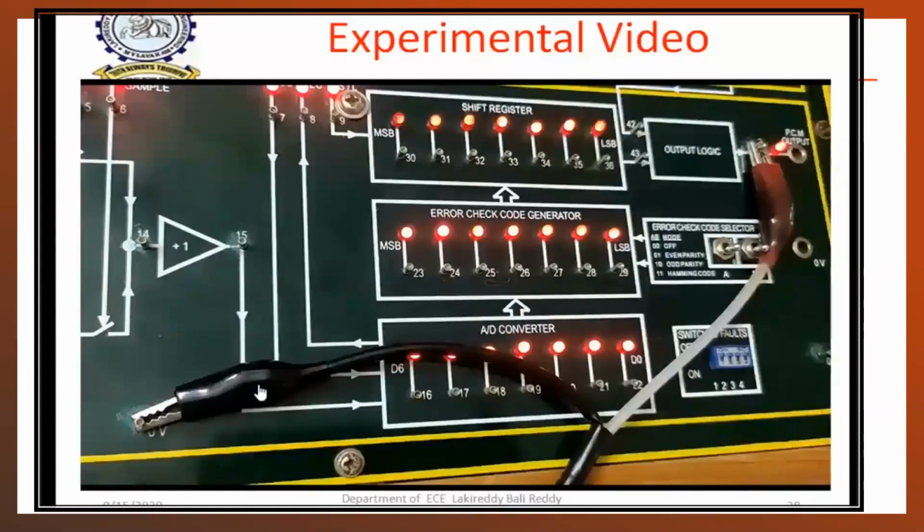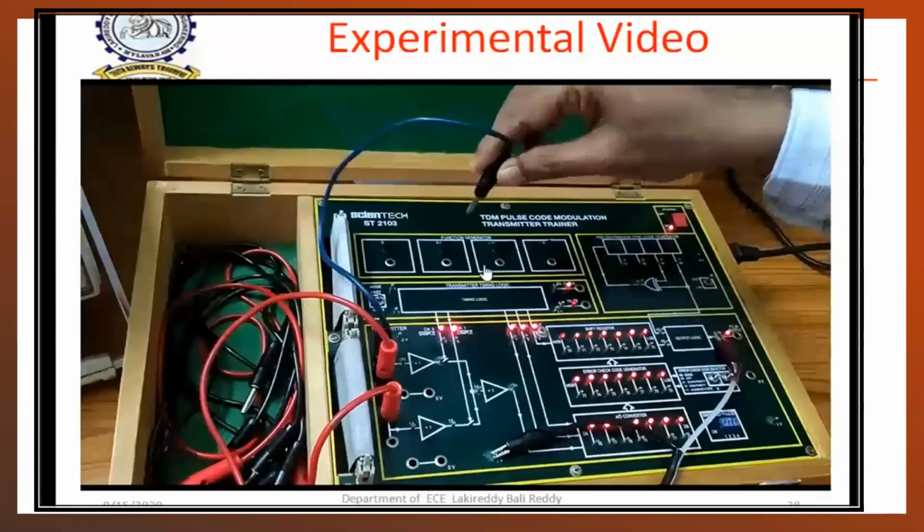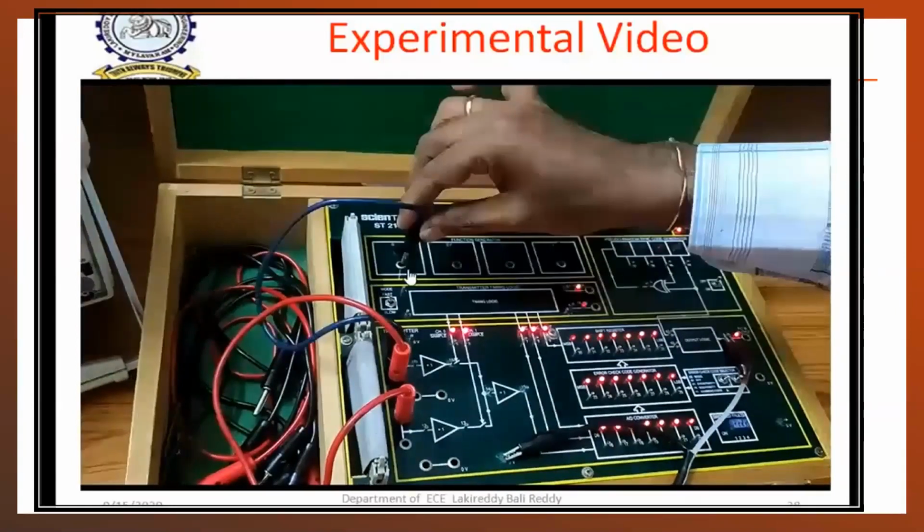Now let us see how to take only one sample value. For that, instead of a sinusoidal signal, we are taking a DC signal. The DC signal provides a constant amplitude value, whether it may be 3.2 volts, 1.2 volts, or 2 volts, whatever it may be, you can change the value. Based on our input sample values, you can take any one sample value as the input signal.